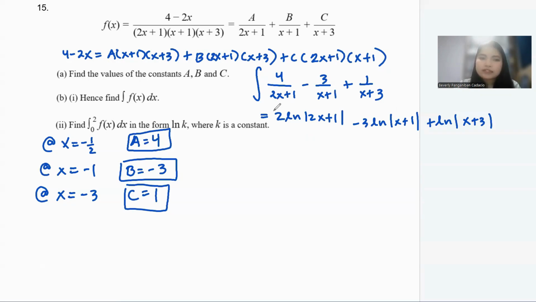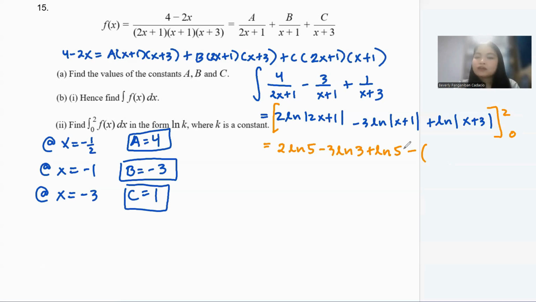Okay, now since we're done integrating, can we just do substitution? Yes, the limits are there. You don't need to put C there, so it will become 2 ln 5 minus 3 ln 3 plus ln 5. Now I'm going to minus everything by putting 0 in everything that I substituted.